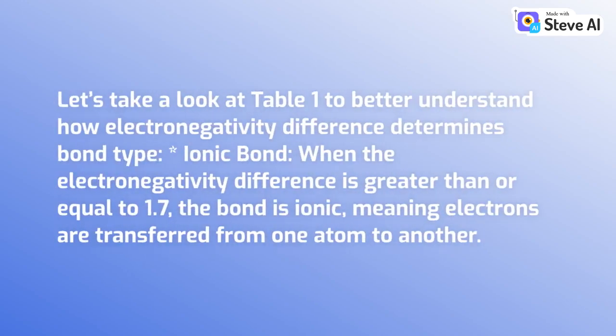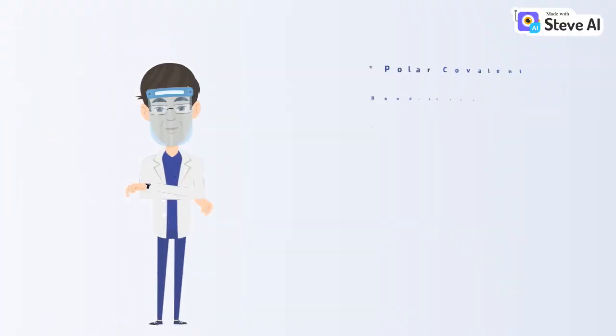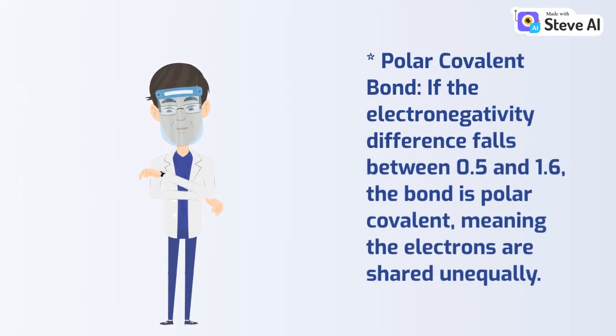Let's take a look at Table 1 to better understand how electronegativity difference determines bond type. Ionic bond: when the electronegativity difference is greater than or equal to 1.7, the bond is ionic, meaning electrons are transferred from one atom to another. Polar covalent bond: if the electronegativity difference falls between 0.5 and 1.6, the bond is polar covalent, meaning the electrons are shared unequally.